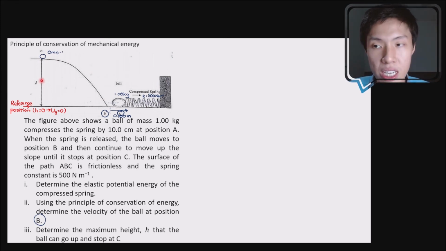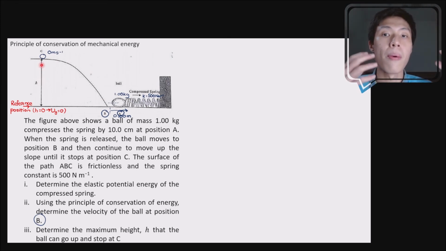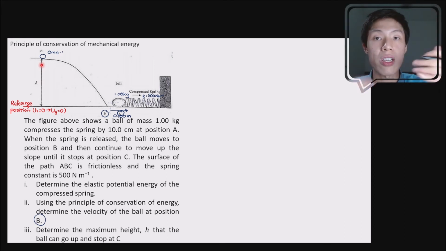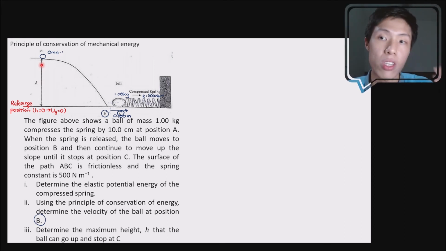But as you increase the height of the hill, more and more kinetic energy will be transformed into potential energy to be stored, due to the increased height of the peak. So you are left with less and less kinetic energy, and the speed of the ball when it reaches the peak will decrease as the peak gets higher and higher.